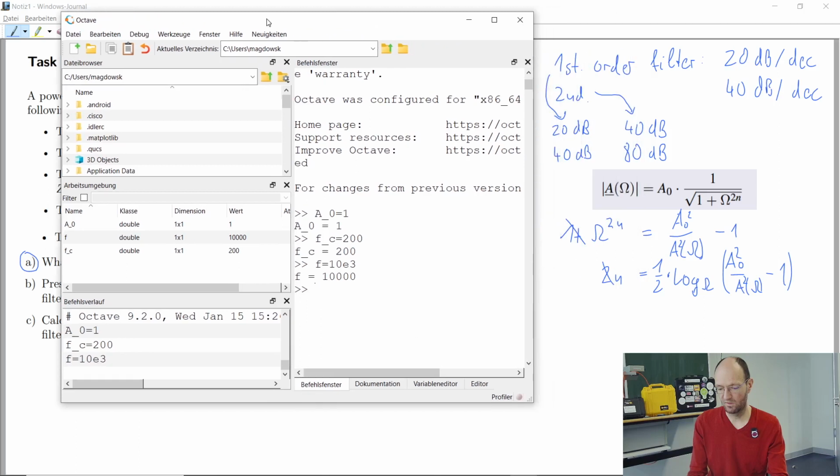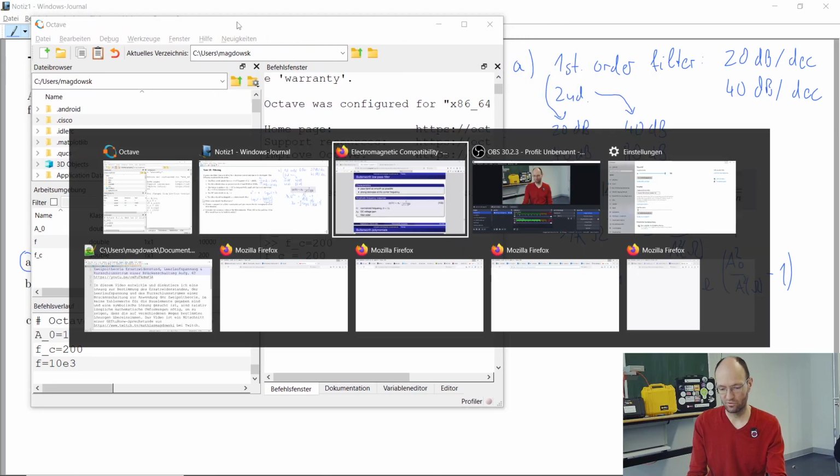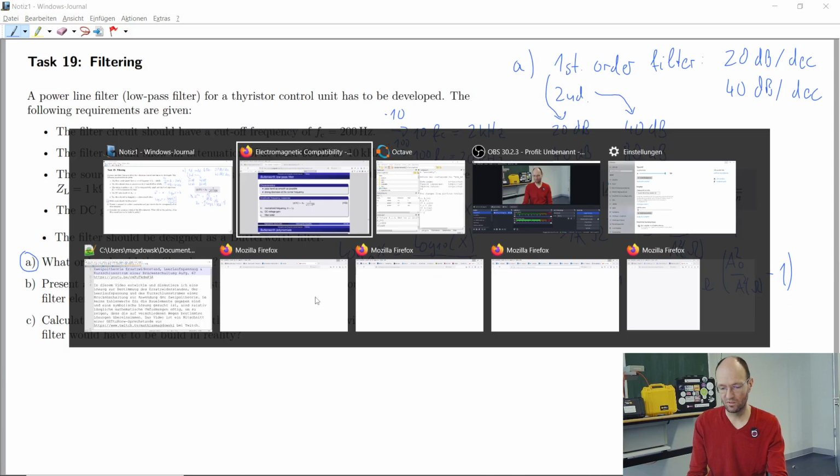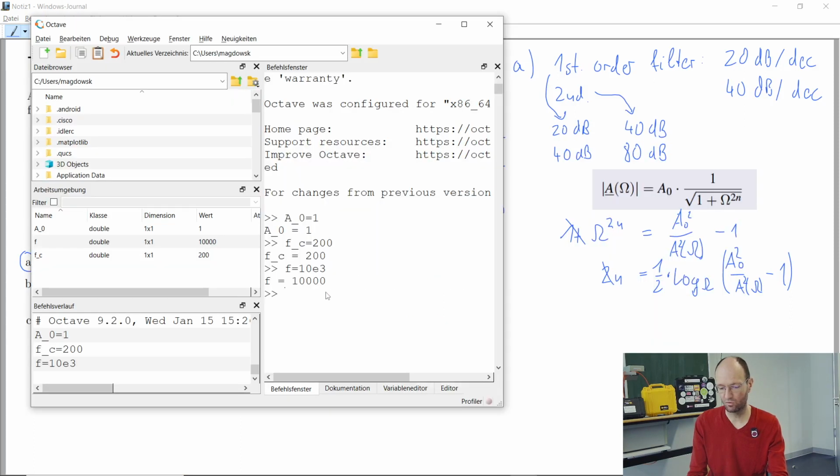And so from these values, if we check the lecture slides, from frequency and cutoff frequency, we can calculate this omega, this normalized frequency as it's called. So omega is frequency divided by cutoff frequency or corner frequency, and we get a factor of 50.